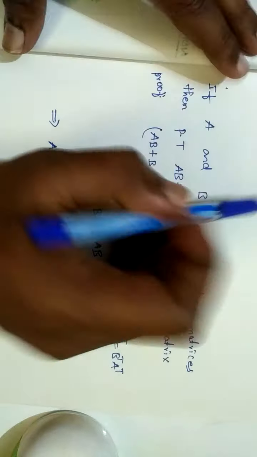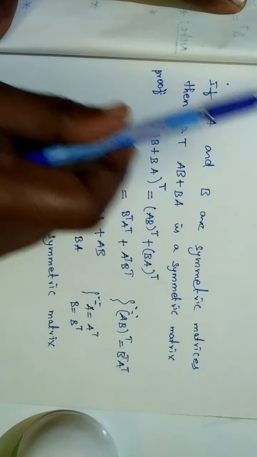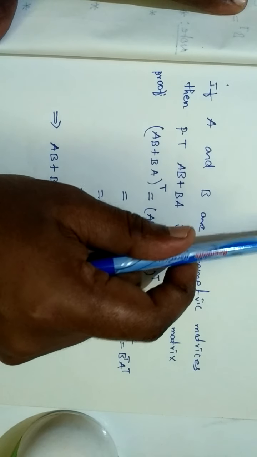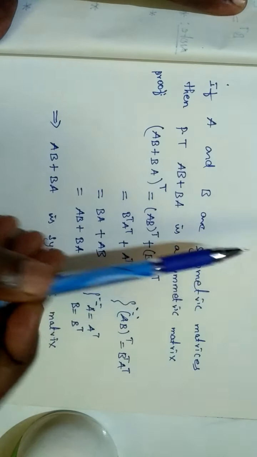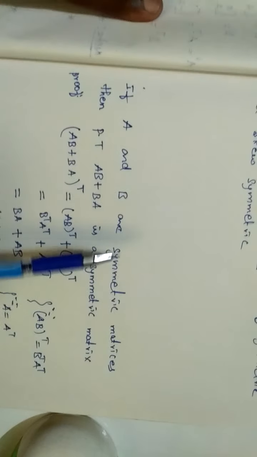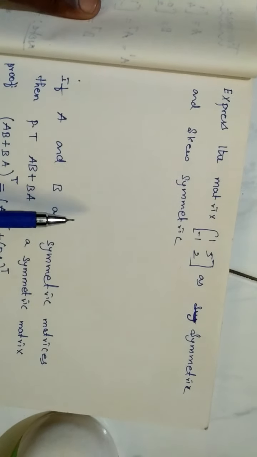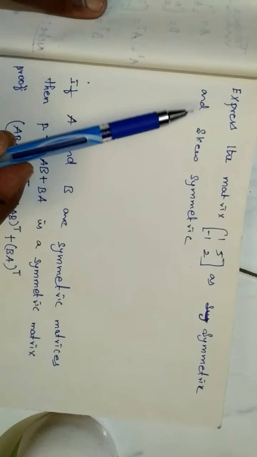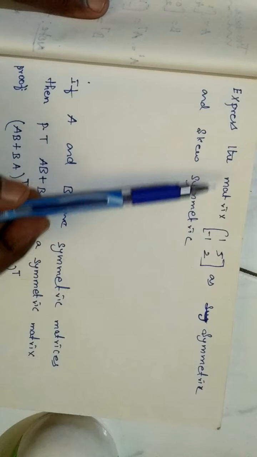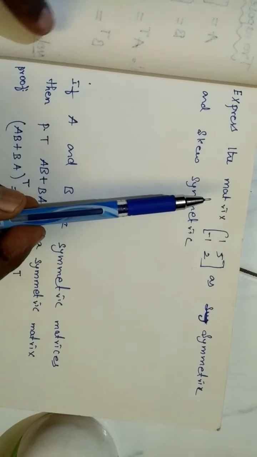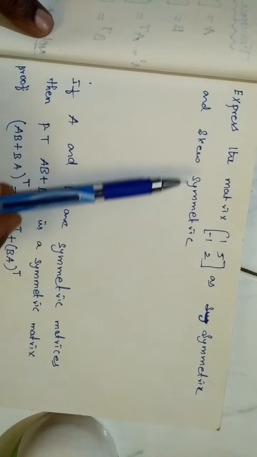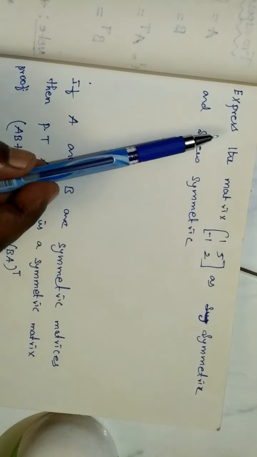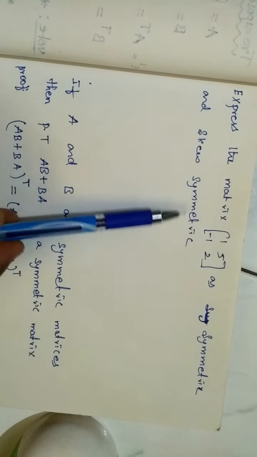Next, this is a board examination question. Express the matrix 1 5 minus 1 2, this one, as a symmetric and skew symmetric matrix. Next, this is one board exam question: express the matrix as symmetric and skew symmetric.